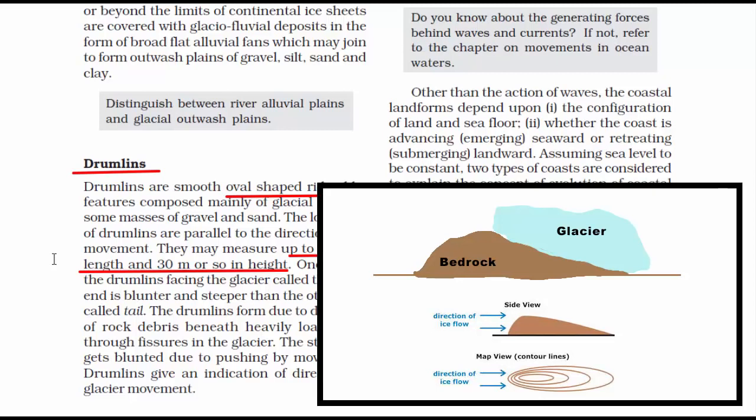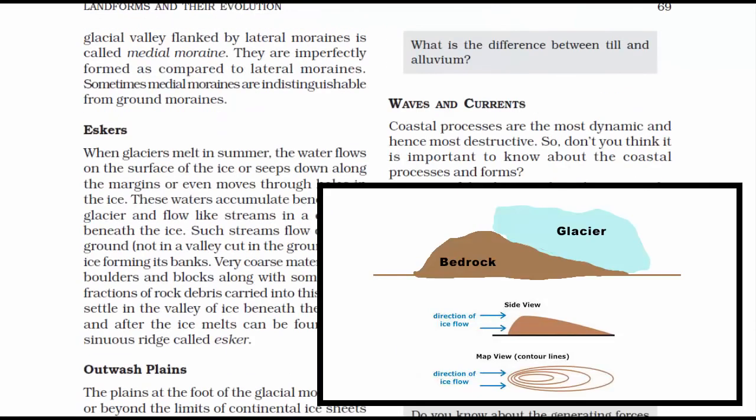Usually a glacier melts and moves in a particular direction. From the side view it looks like this, and from the top it looks like this. I hope you can see the direction of ice flow. As you can see, there is a blunt end and then there is a tail. Drumlins give an indication of the direction of glacier movement. So this is what a drumlin is and its movement.